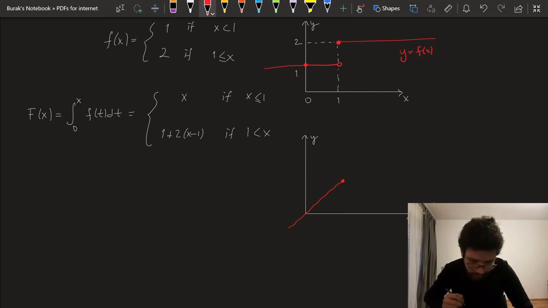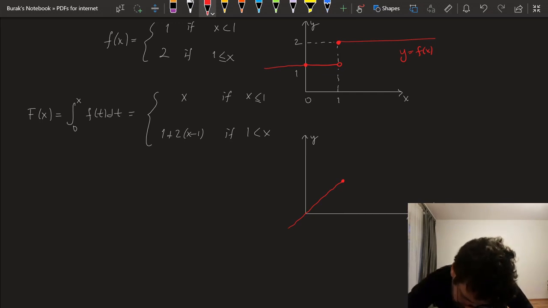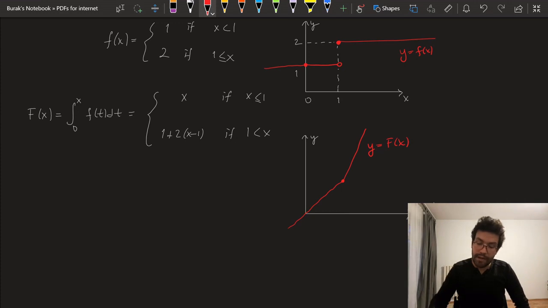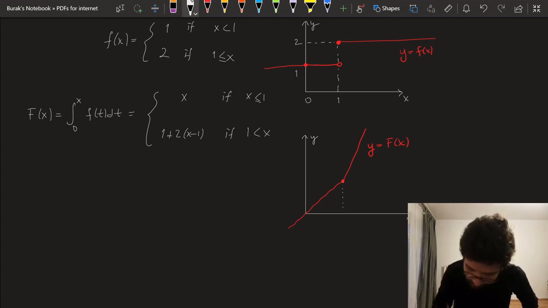And then at 1, it's going to be like that. This is going to be the graph of y equals big F of x. Okay. This is 1. This is 1.